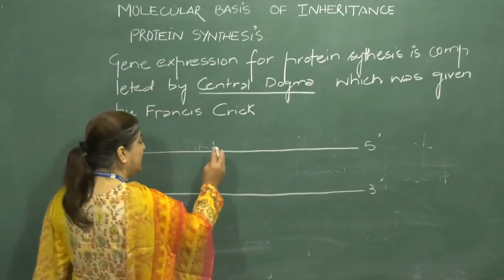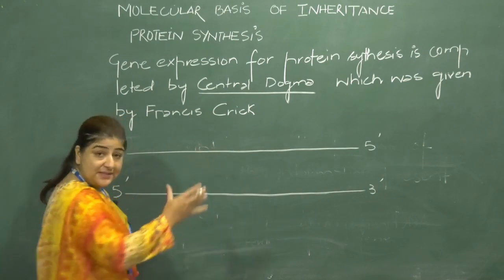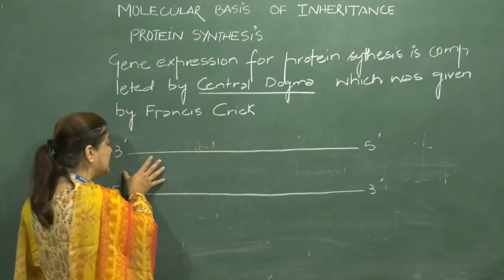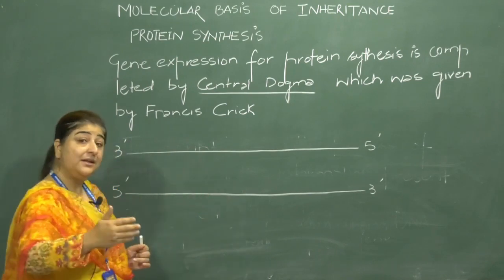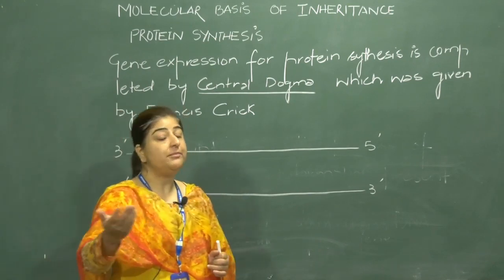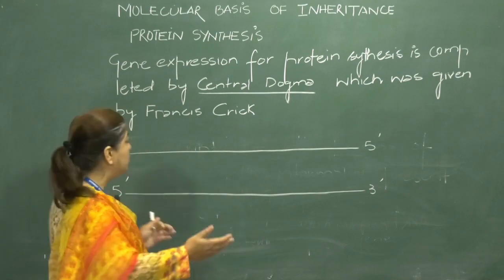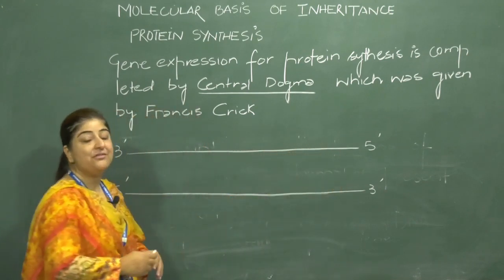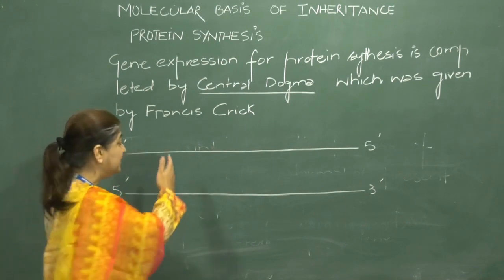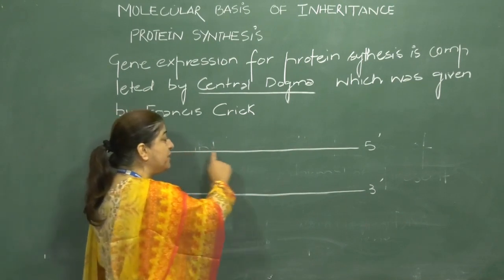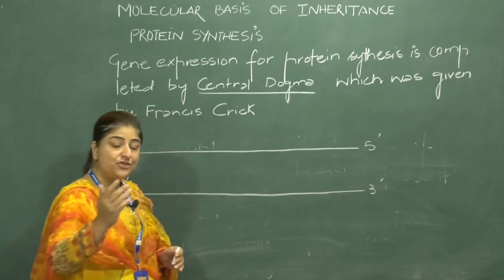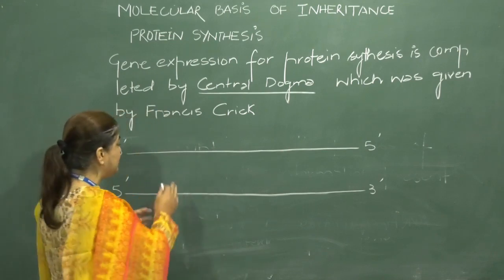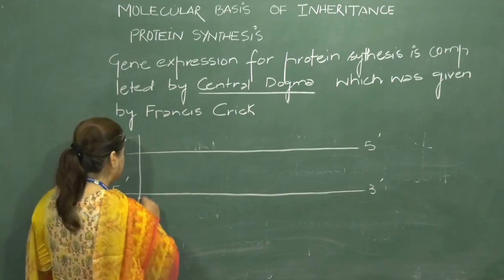So if this is the DNA segment that needs to be transcribed, or we say this is the segment of DNA that contains the information for polypeptide synthesis, we can say this region is termed as a transcriptional unit, because the information present in the strand needs to be transcribed in the form of mRNA.